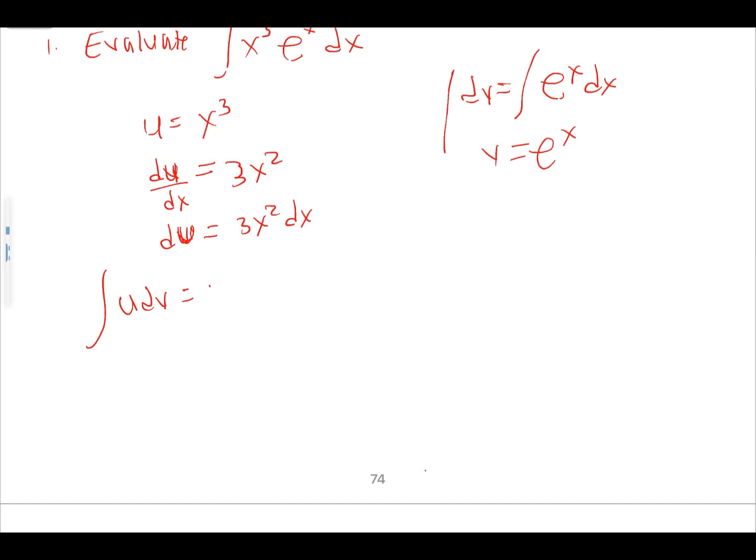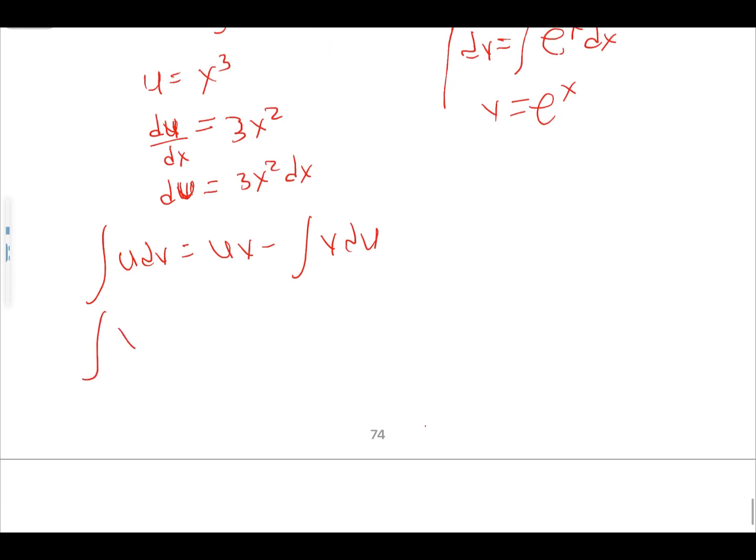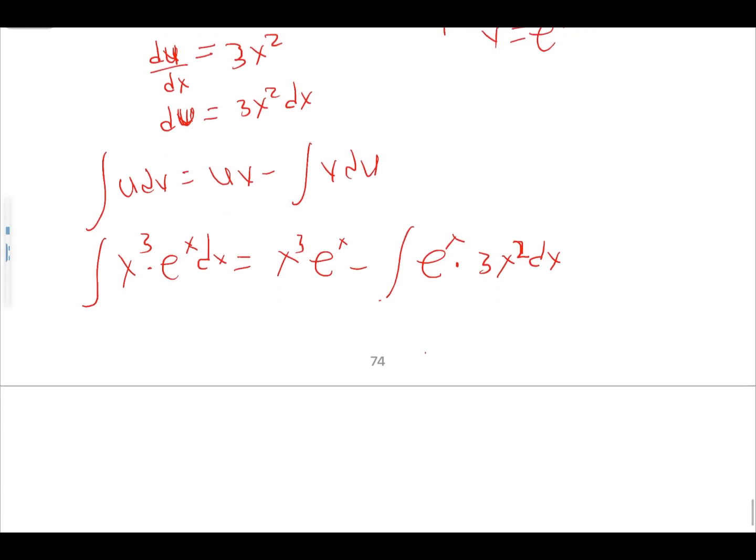Applying the formula integral of u dv equals uv minus integral of v du, we are going to get the integral of x power 3 exponent x dx equal to x power 3 exponent x minus the integral of exponent x multiplied by 3x squared dx, which is the du.